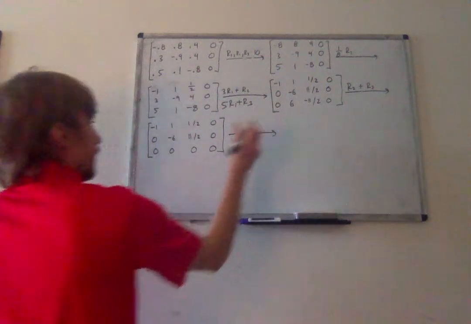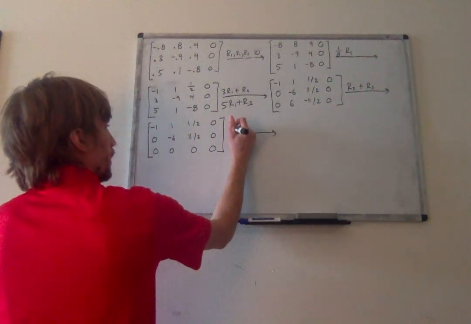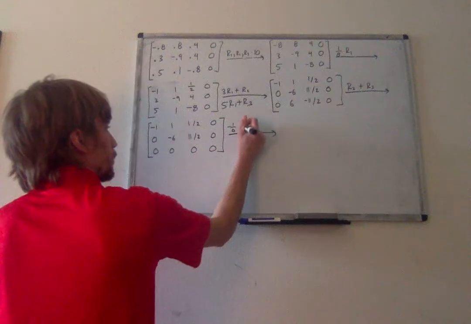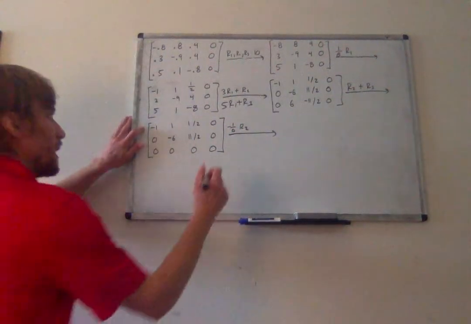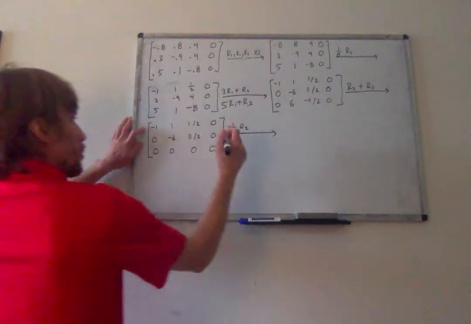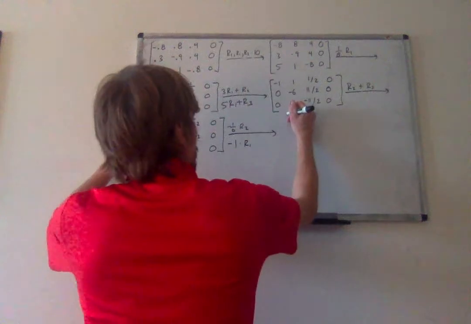Now, I identify my next pivot, which is this -6. So I'm going to do -1/6 times row 2. I think I'm also going to do row 1 times -1, since I eventually want to turn this into a +1.